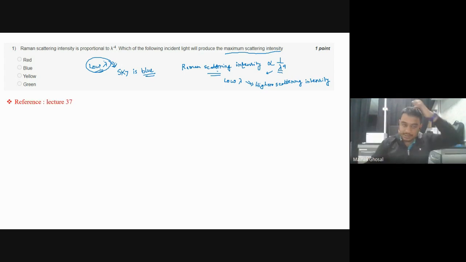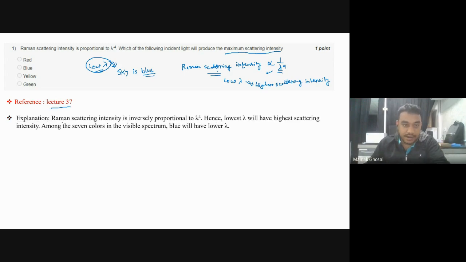You can find this answer in lecture number 37, that for Raman scattering intensity, since it is inversely proportional to lambda to the power 4, the lowest lambda always will have higher scattering intensity. Among the 7 colors of the visible spectrum, blue will have lower lambda. The lambda of blue will reside in the 450 to 470 nanometer region, and next is green.